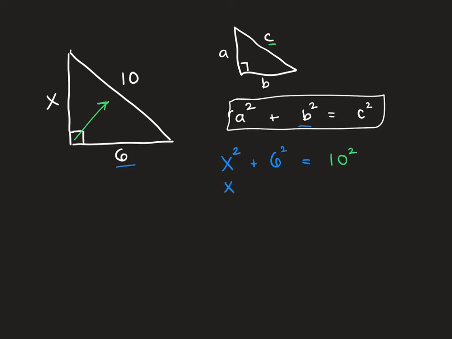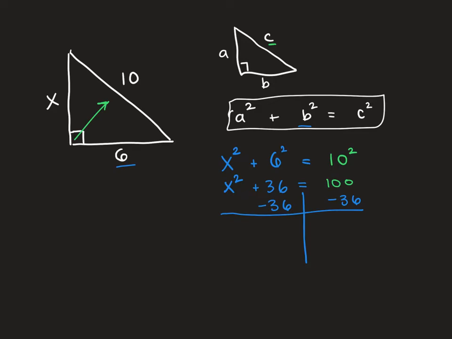Now we're just gonna keep simplifying. I know that 6 squared is 36, and that 10 squared is 100. And I want to know what x is, what that missing side of the triangle is. So I'm gonna start taking away this 36, making sure to do that on both sides because of the equal sign.